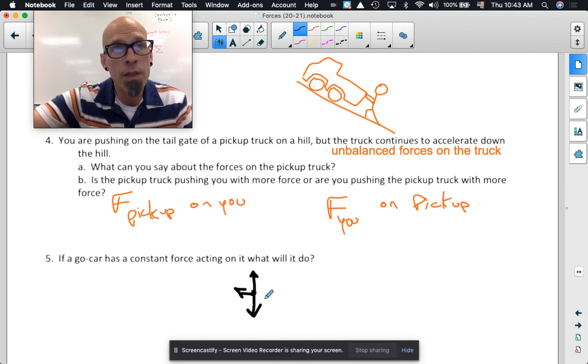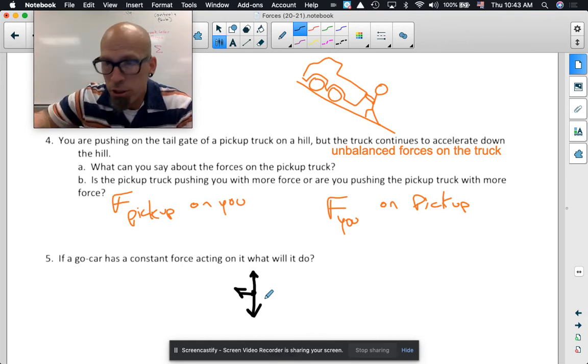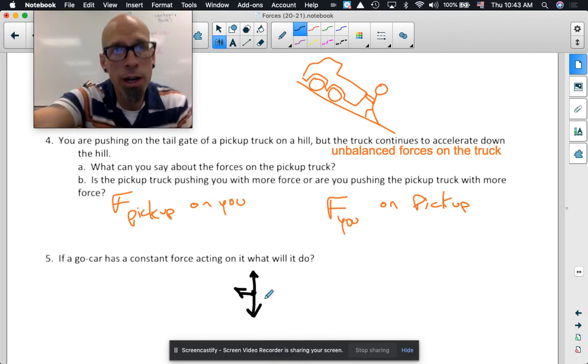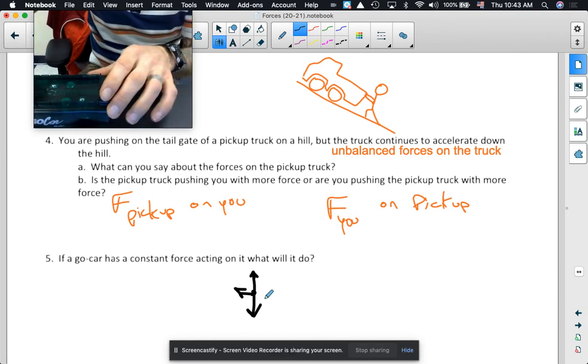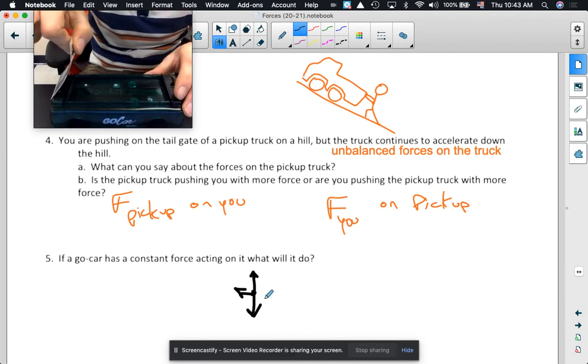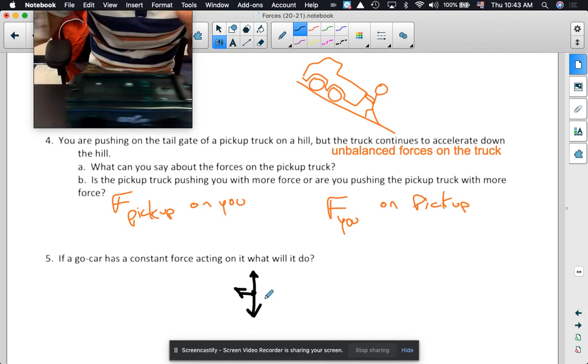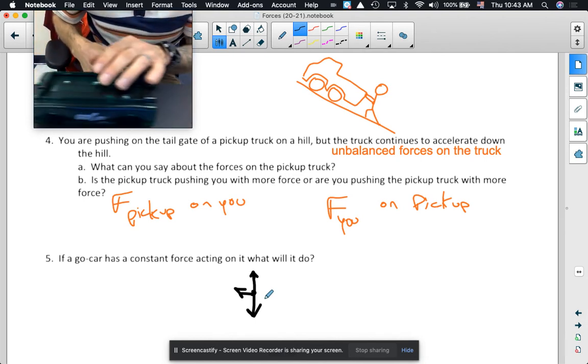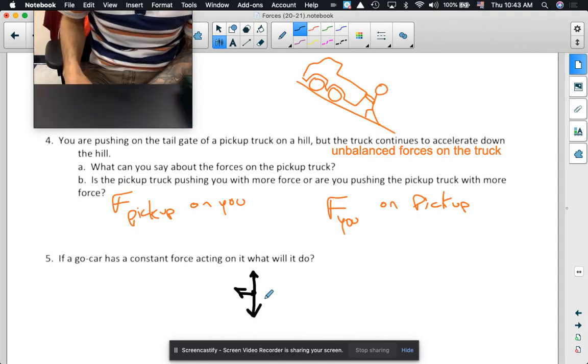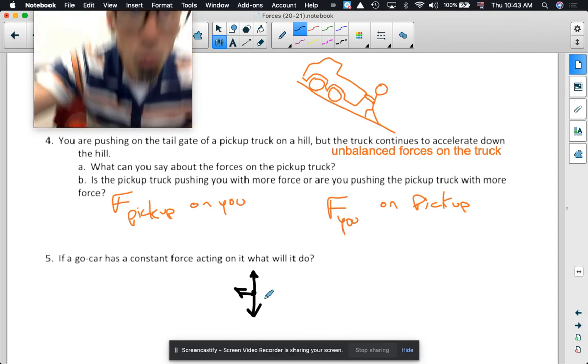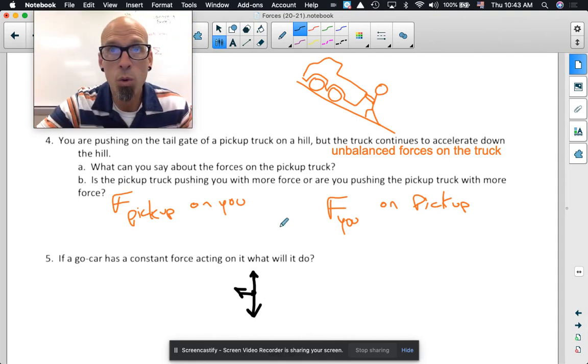Now, what happens the moment I stop pushing? As soon as that constant force is gone, so as soon as I've changed its motion by pushing it with the card, causing an unbalanced force, as soon as I stop pushing it, what does it do? As soon as I stop accelerating it, it travels with a constant velocity. Why?